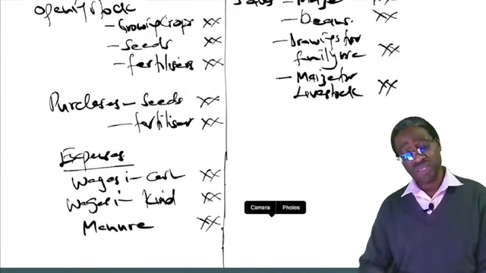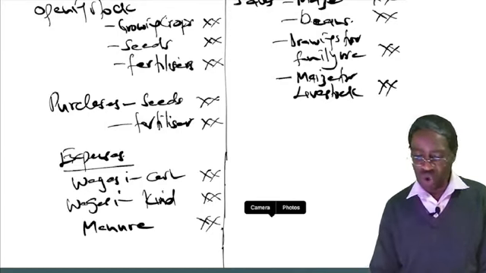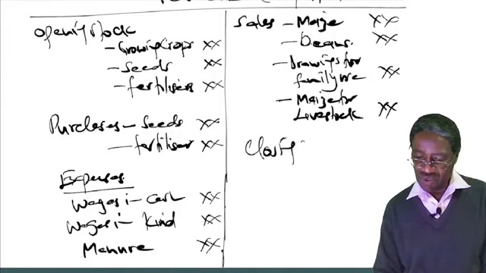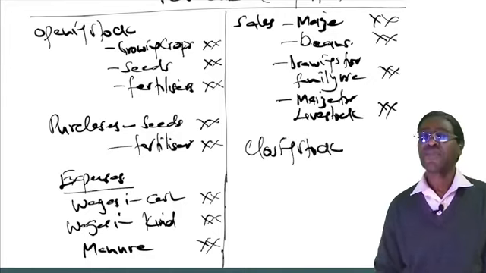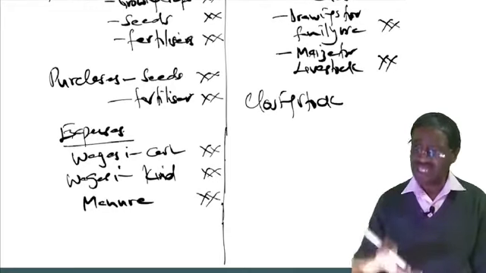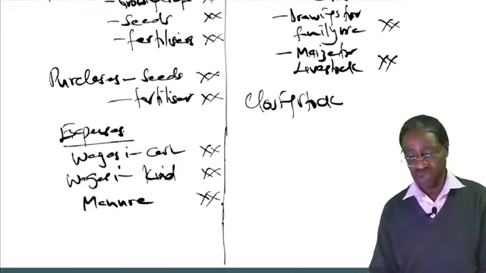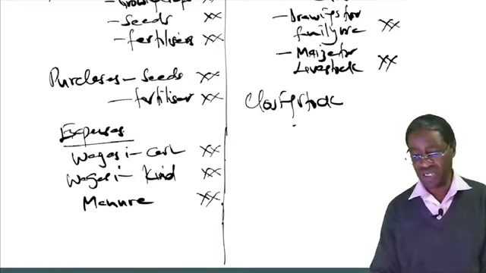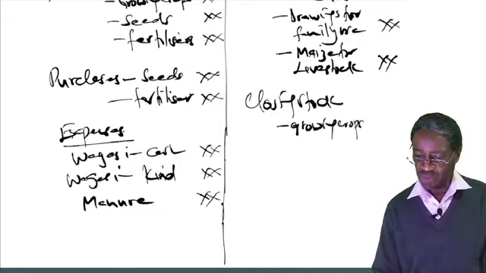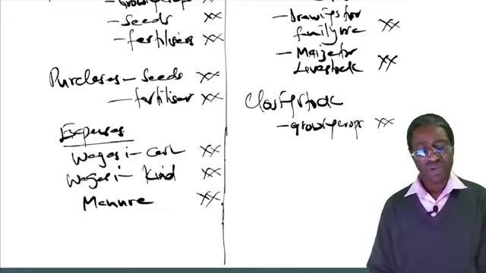Once you're through with the sales, now listen, you come to closing stock. On this side, show the closing stock by the end of the year of anything relating to the crop. Just like the opening stock, we could have growing crops that by the end of the year are still in the farm, not yet harvested.